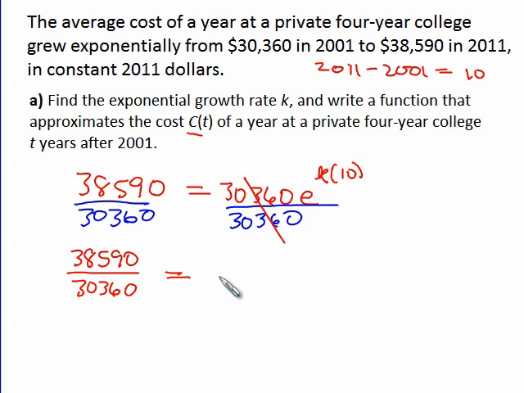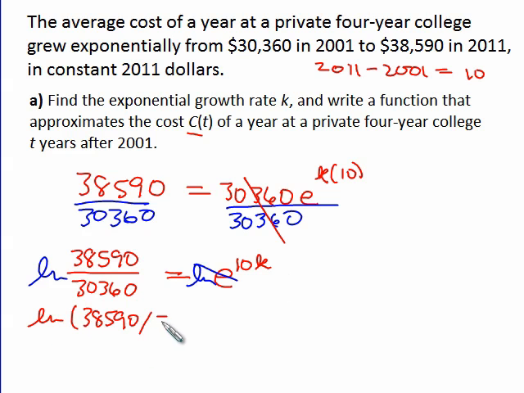And then that goes away on this side, so I get e to the, and I'll just rearrange the order here, 10k. So trying to isolate k, I need to take the natural log of both sides. That will cancel here, leaving me with the natural log of 38,590 over 30,360, and that equals 10k.